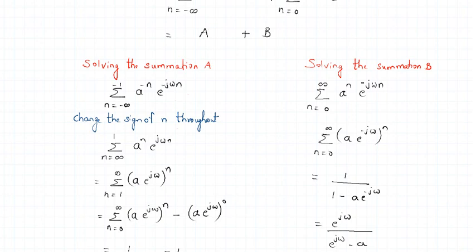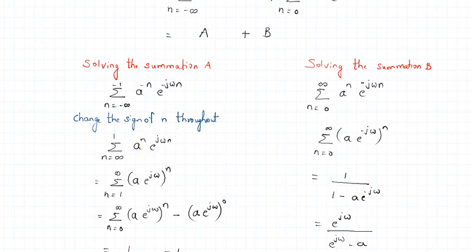So you could see here we have changed the sign of n. Wherever there is n in the equation we have changed the sign of n, changing the limits from minus infinity to minus 1, so the limits become infinity to 1. The other n observed is in the power of a, so a power which was earlier negative becomes a positive power.